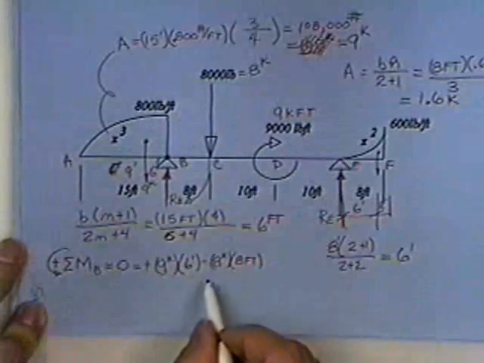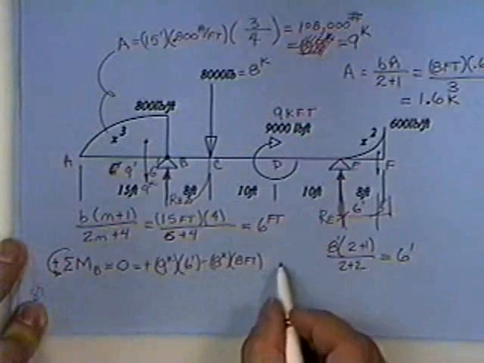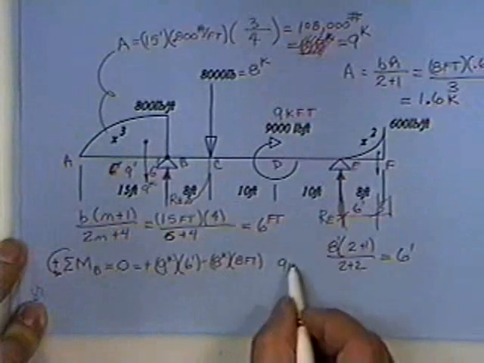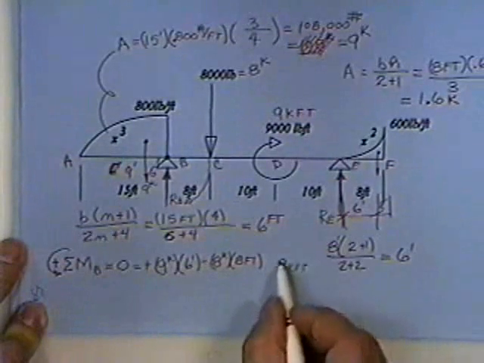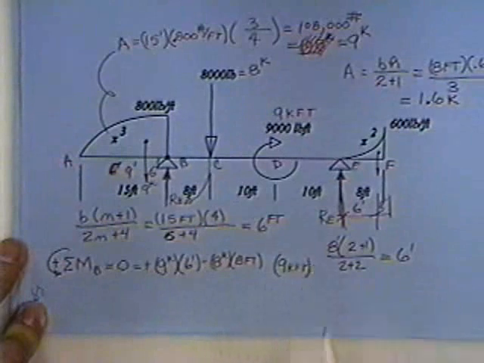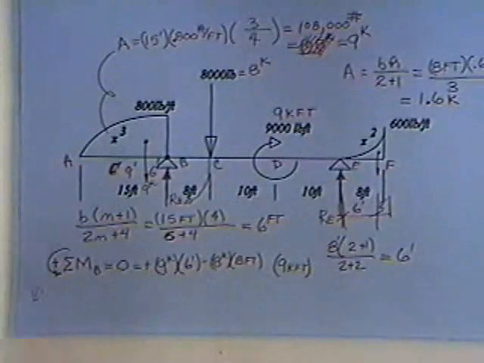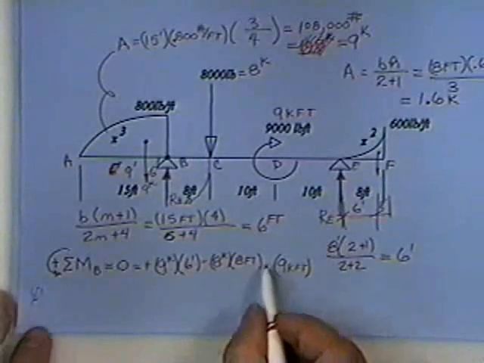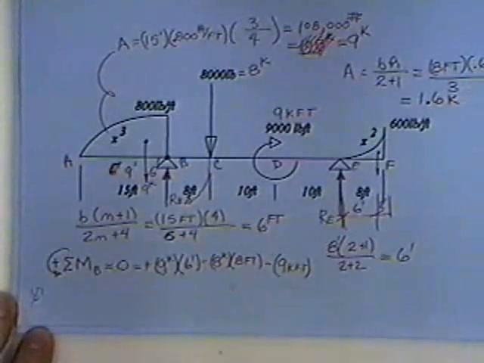So that's a minus tendency to roll. Next, I have a 9 kip foot moment. Up to now, everybody got multiplied times a moment arm. This guy doesn't need a moment arm. He was born a moment. He's ready to roll. Minus.